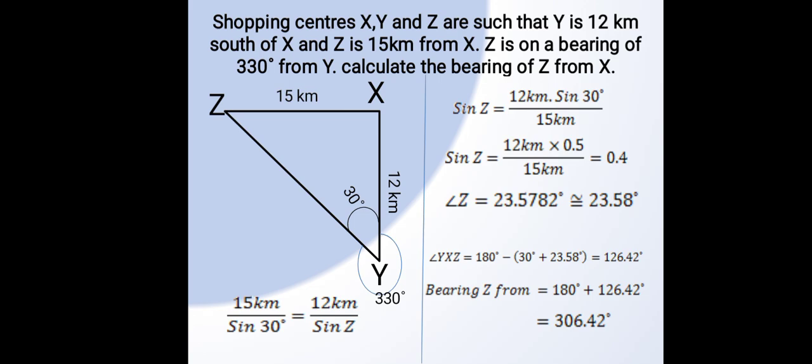Now the angle we are finding is angle Z, the angle between ZX and ZY. That's the angle we are trying to find, which we got to be 23.58.